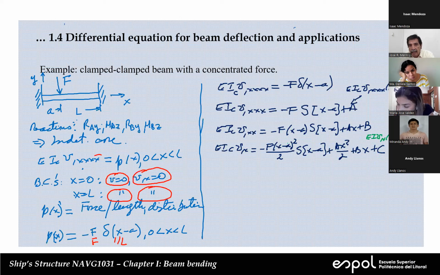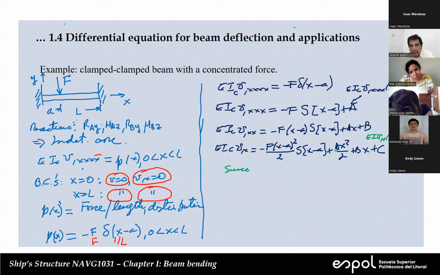Now you can see here that if I evaluate all of this at 0, the step function is 0, I have X, so all of this is 0. That means that C, in this case, is EI V comma X at 0. But this is a boundary condition. So immediately you see that this is equal to 0. Okay?